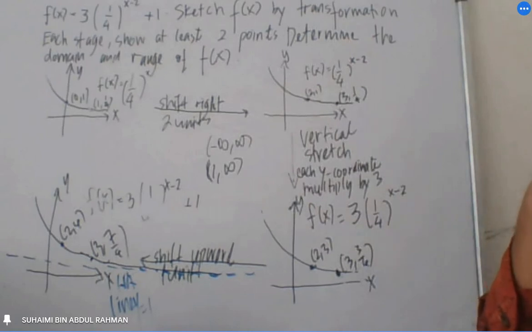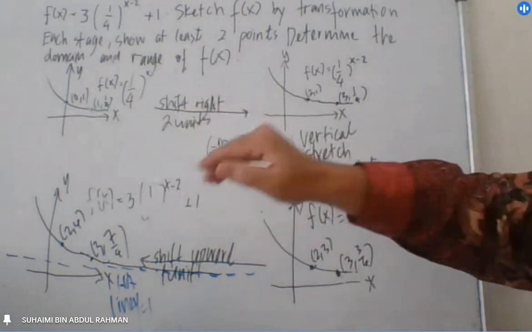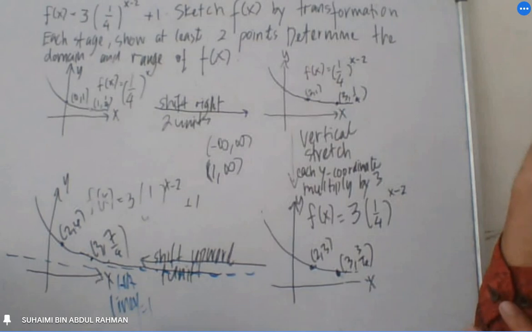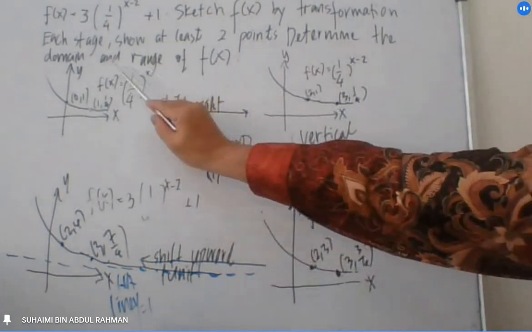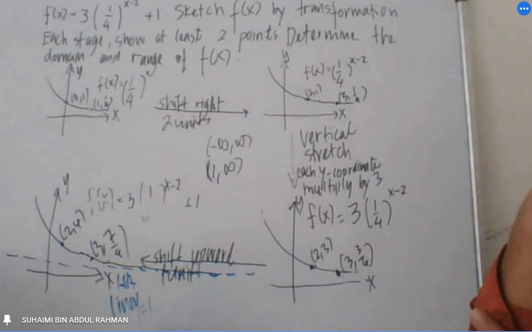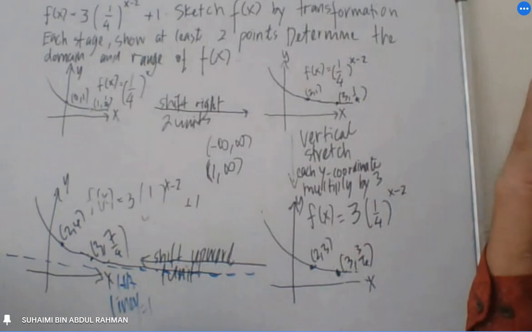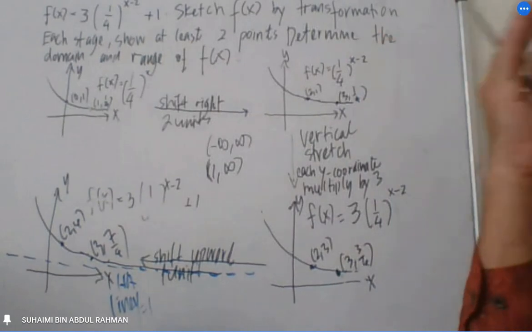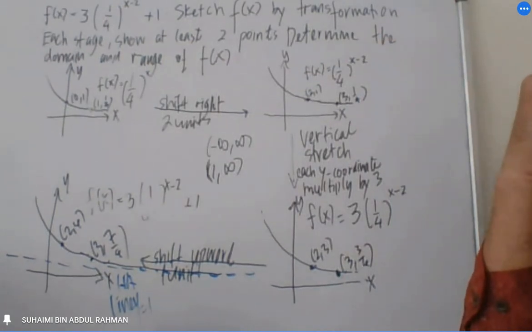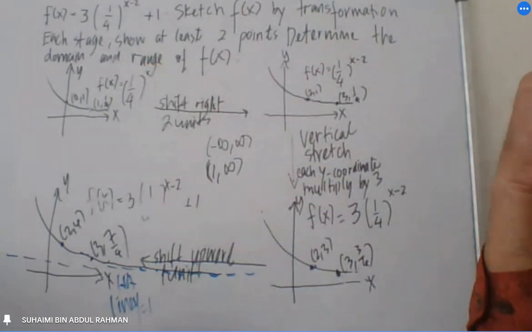It's a pity, because you write a transformation, but it's wrong. Even some students get even the basic graph wrong, the graph that you start with. Later on, do not make the same mistake again.